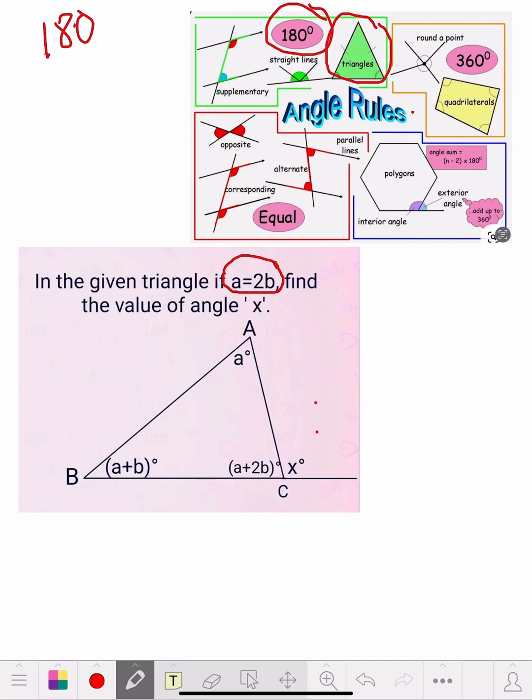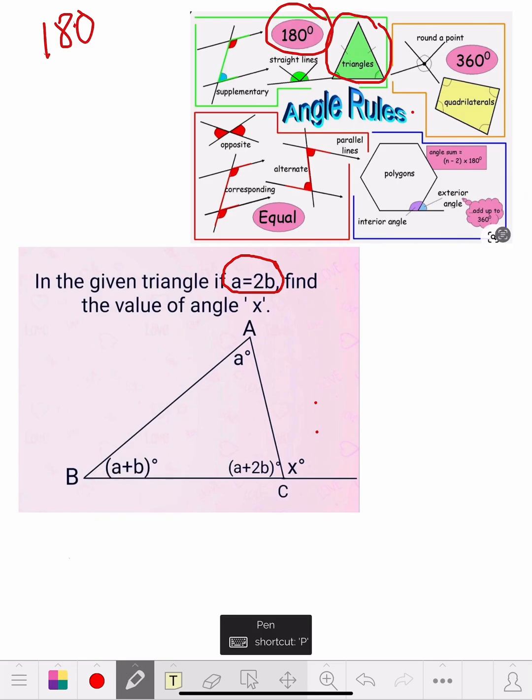So the first one up at A, we'll start with A and then go to B and then go to C. So we got A plus, now let's go to the next one. Whoops, I didn't do my instructions really good. Let's erase the A, because we're going to substitute 2B, remember?